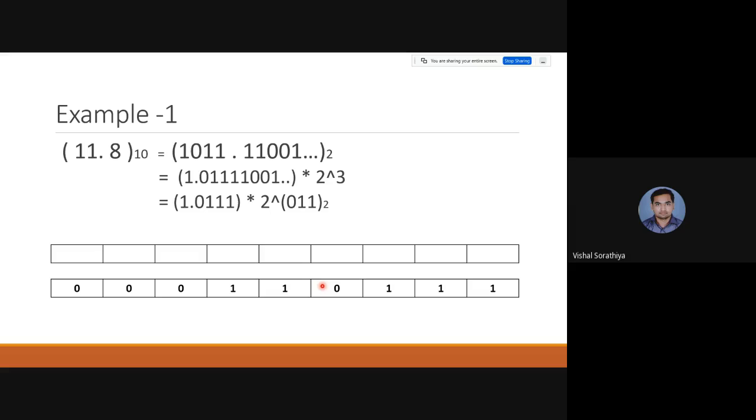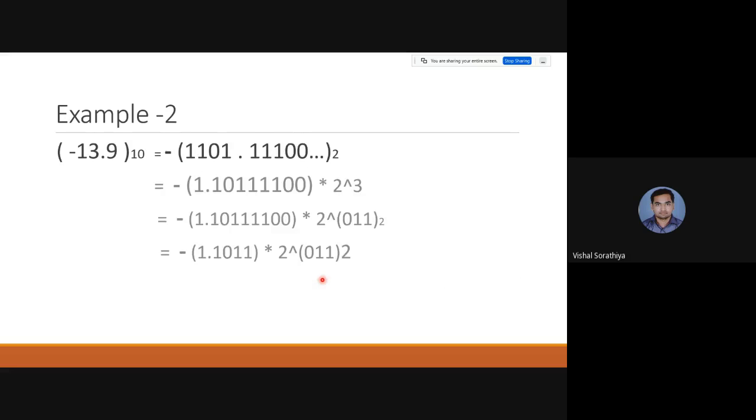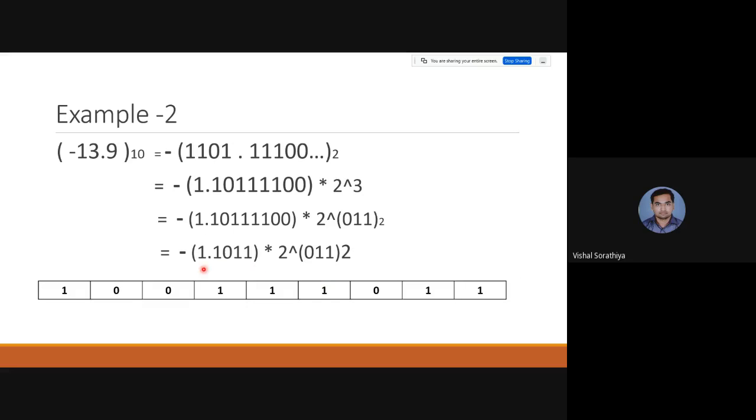Sorry for that correction, but let me go with example number 2. There I have made some typing mistakes. 0, 1, 1, 0, 1. So 2 raised to... just leave this example number 1 and 2.